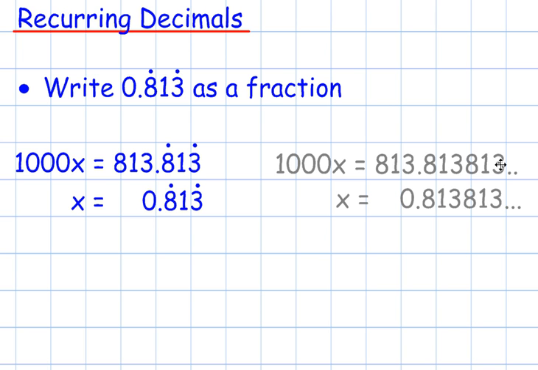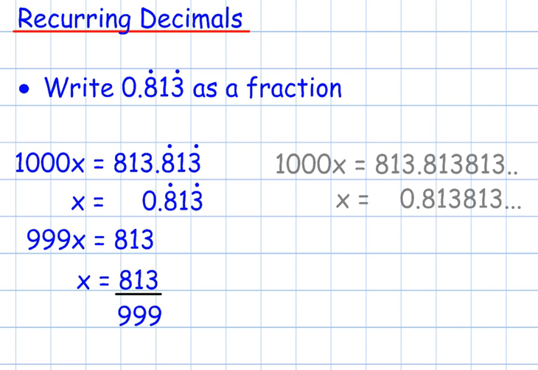So now you can see they're nicely lined up, so they'll cancel out, leaving me with 813. And if I take away x from 1000x, that will give me 999x is equal to 813, which if I rearrange, x is equal to 813 over 999.